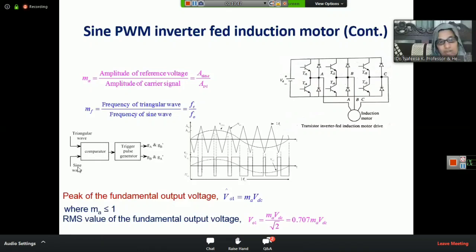This wave you can call a reference wave or control wave, and here our control wave is a sine wave. To select the output fundamental voltage, you select your control or reference wave as a sinusoidal wave.